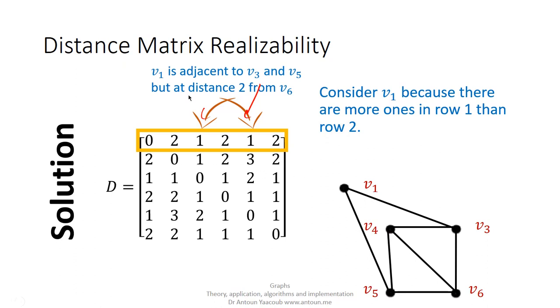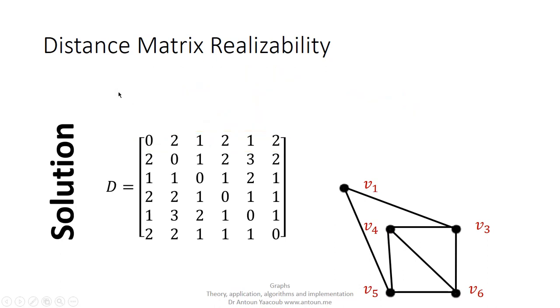I still didn't put V2, so this is good. Let's check if V1 is adjacent to V2. The distance between V1 and V2 is equal to 2, so I didn't place it yet. V1 to V4 is equal to 2. Yes, it's equal to 2, so the shortest path is 2. V1 and V6 is also equal to 2. I will calculate the shortest paths. Yes, it's good.